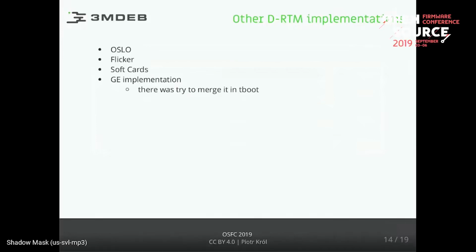Because of that, TrenchBoot was created to provide an open implementation for DRTM. Also, there was a GE implementation that they tried to integrate with TBoot. TBoot is software that uses Intel TXT, and of course this was out of the agenda because this is AMD, and TBoot didn't consider merging any AMD code.